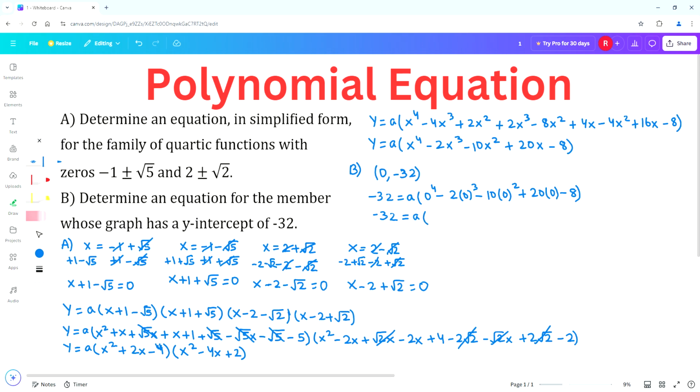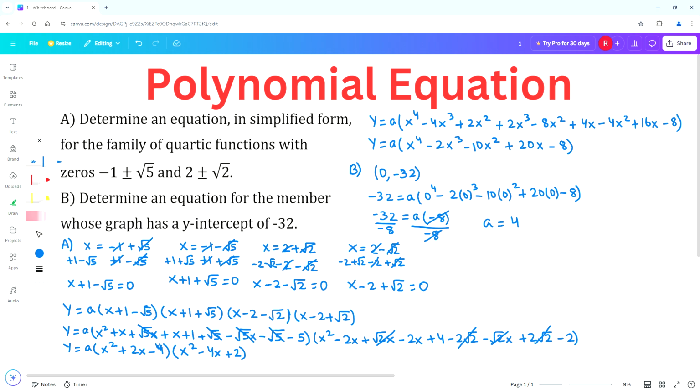The first four terms get cancelled out because their result is 0, so we are left with just -8. We can isolate a by dividing both sides by -8. -32 over -8 is equal to +4. So the value of a for that member is 4.